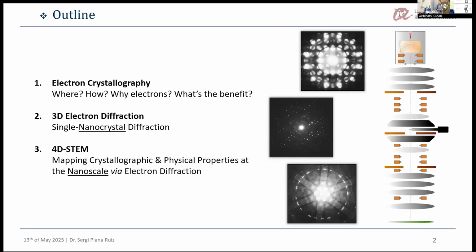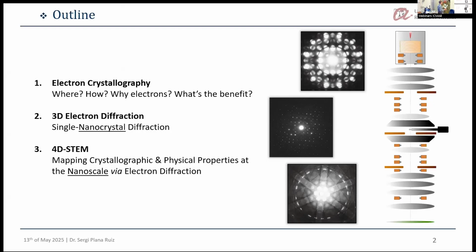Right. This presentation is divided into 3 different blocks. First of all, I will explain what we understand as electron crystallography, where we acquire electron diffraction data, and how it's beneficial in comparison to other emission sources. Then I will go deep into the details of the 3D electron diffraction technique.